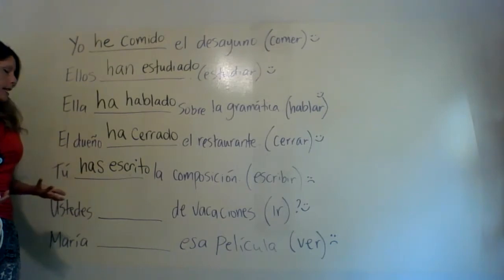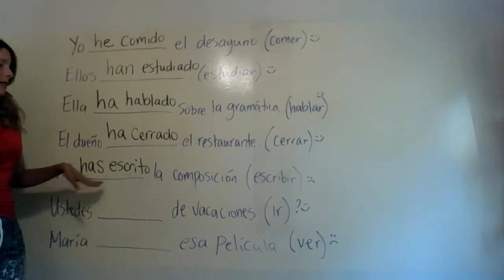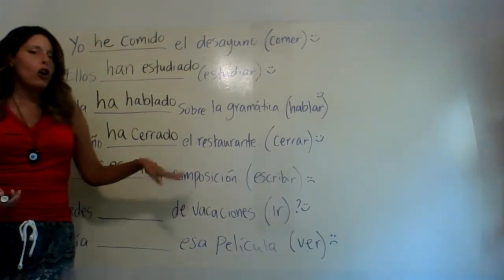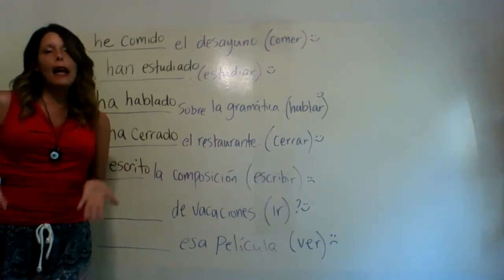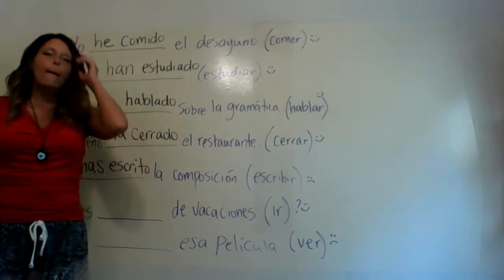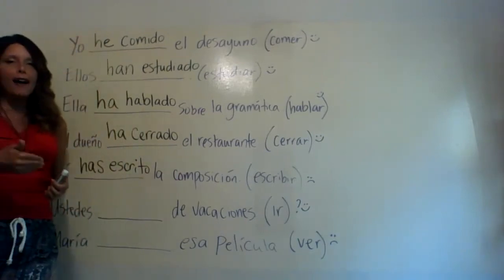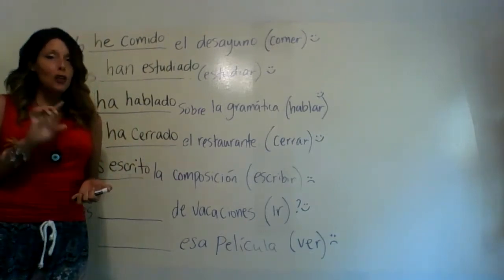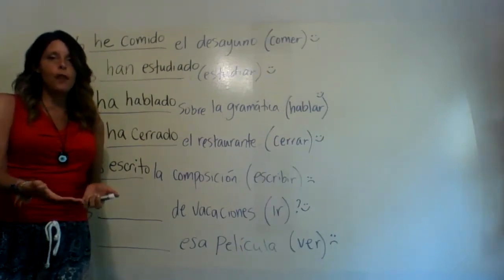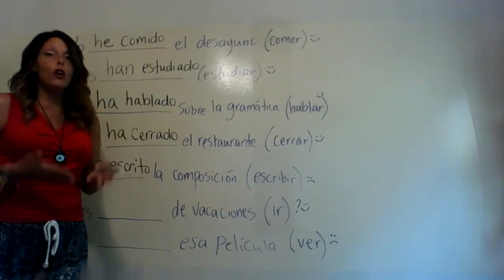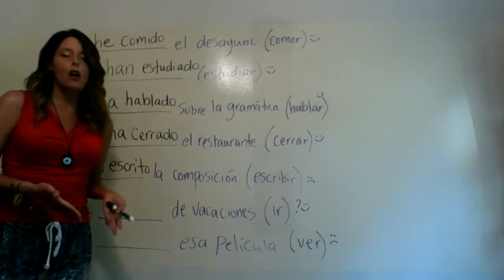And the whole sentence is tú has escrito la composición. Tú has escrito la composición. What might that mean? You have written, not you wrote, but you have written the composition. You have written or you've written the composition.